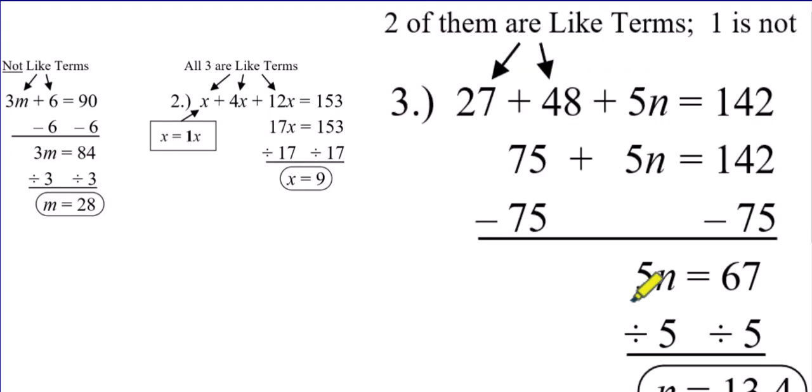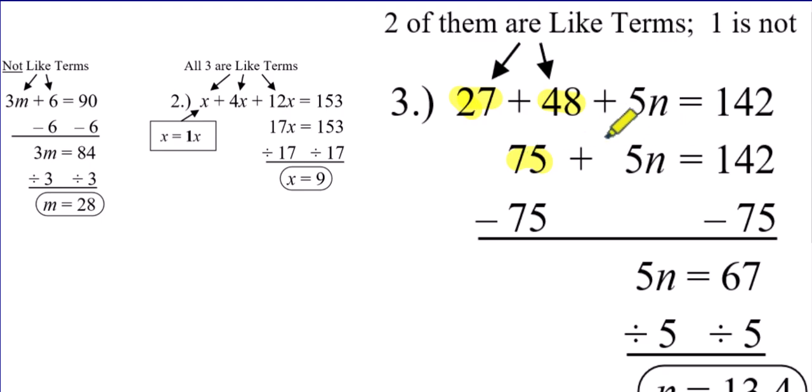Which brings us to problem number 3. Now this one's a little bit different. Notice 5n is the only term that has a variable. 27 and 48 both have no variable at all. So those two constants, which is what they're officially called, are like terms. They both have no variable at all. So we will add those like terms together, but we will not add them to 5n because they are not like terms.